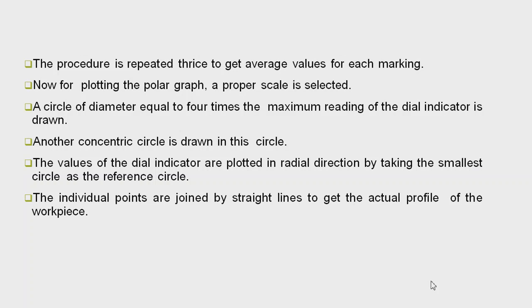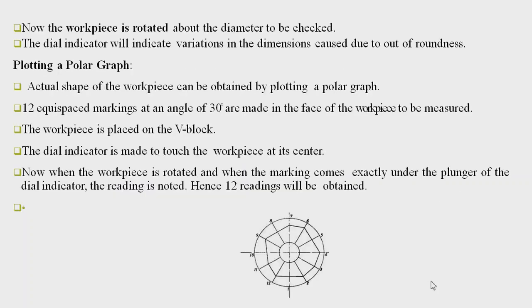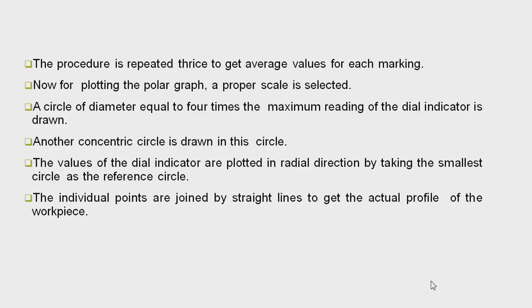The values of the dial indicator are plotted in the radial direction by taking the smallest circle as the reference circle, meaning we take the smallest circle's perimeter as the zero point. The individual points are joined by straight lines to get the actual profile of the workpiece, as shown in the figure. Then we have the actual profile of the workpiece.